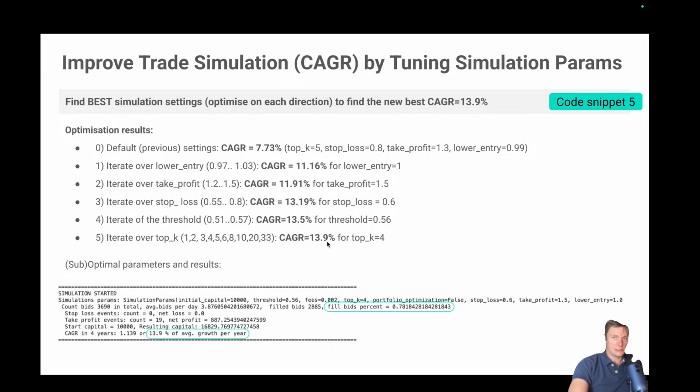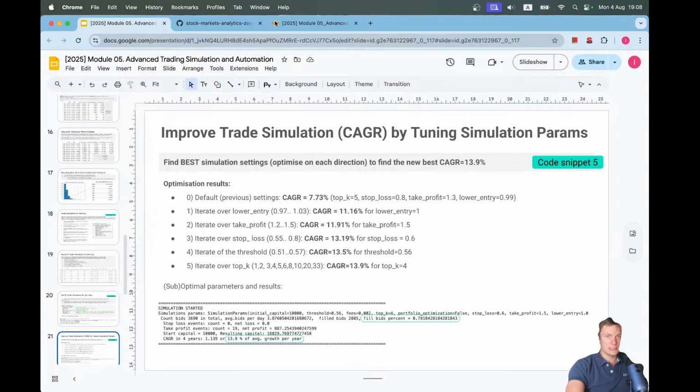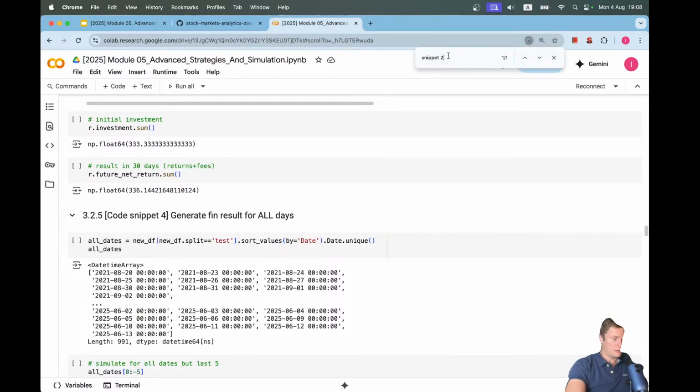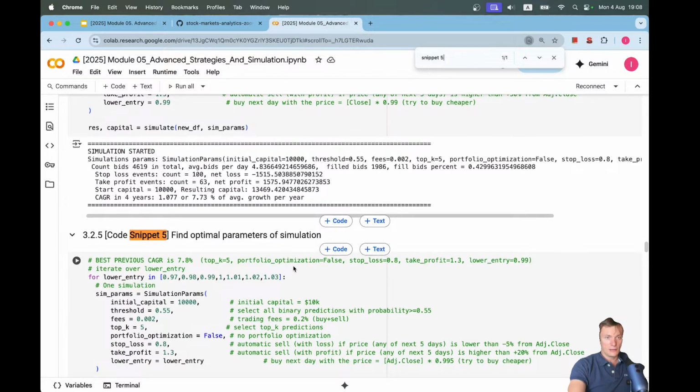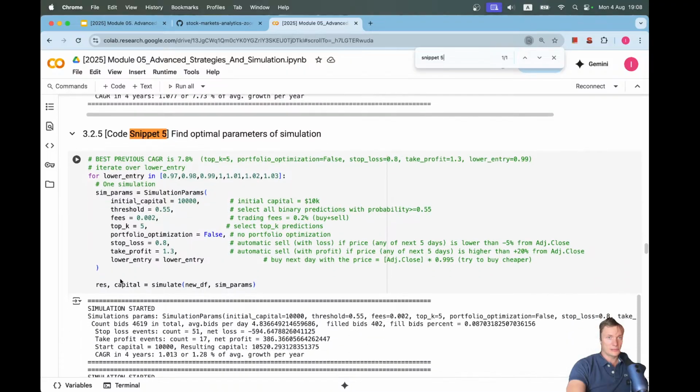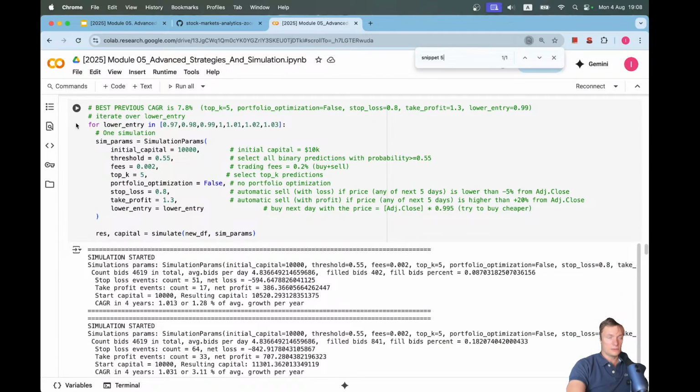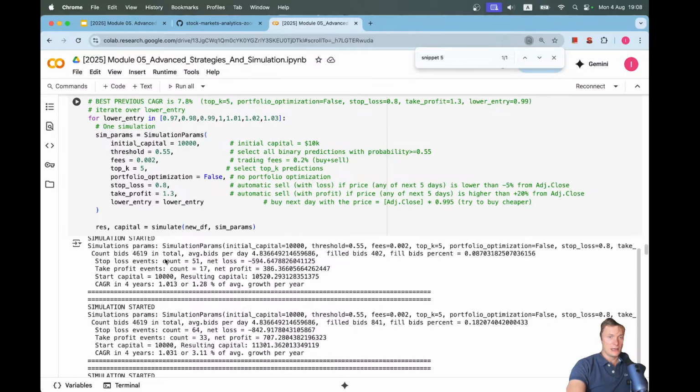You can see that exactly the same model, exactly the same predictions, but different simulation parameters could lead to a very different result. So you could see from code snippet number 5, those are the initial parameters, and I do one cycle for different values, and I see what the results are.